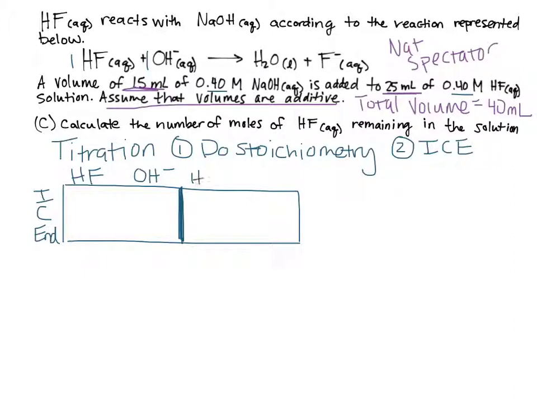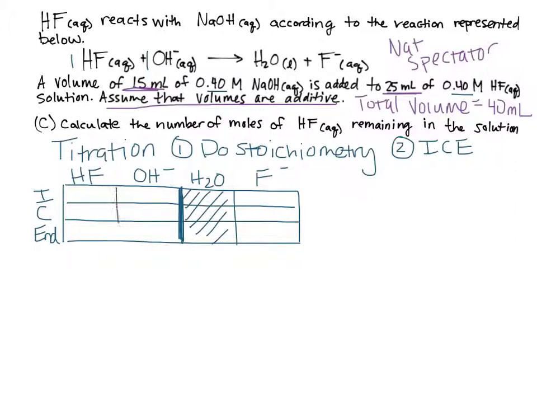I'm going to ignore water because any change in concentration of water is going to be unimportant in an aqueous solution. And yeah, so let's add these little bars. Okay, now the first step is to fill in my initial moles of my HF.